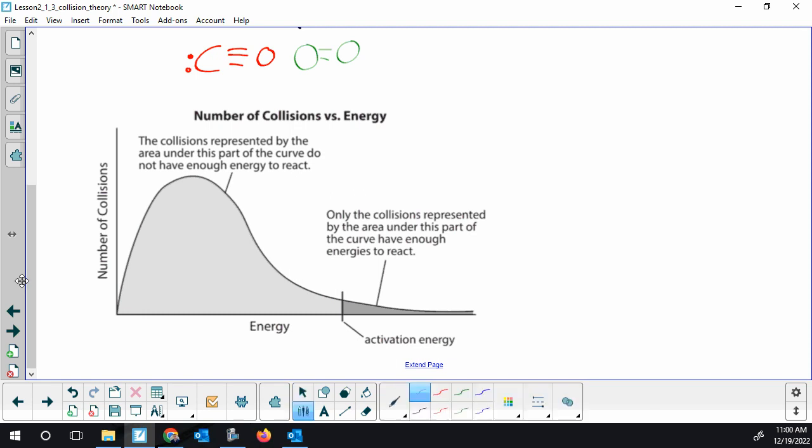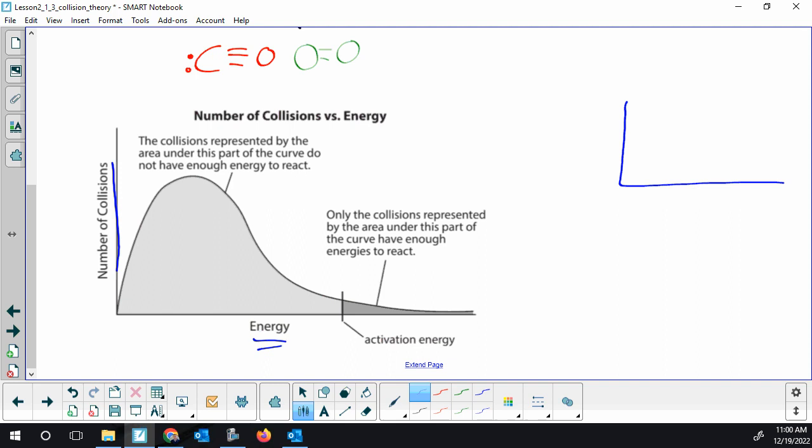So I'm going to just talk for a second and then I'll pause and let you get the notes. This is a diagram with energy on the x-axis. So think of that as kinetic energy, which is coming from temperature. And we just have a count. Now let me draw something that's wrong first before you start writing.